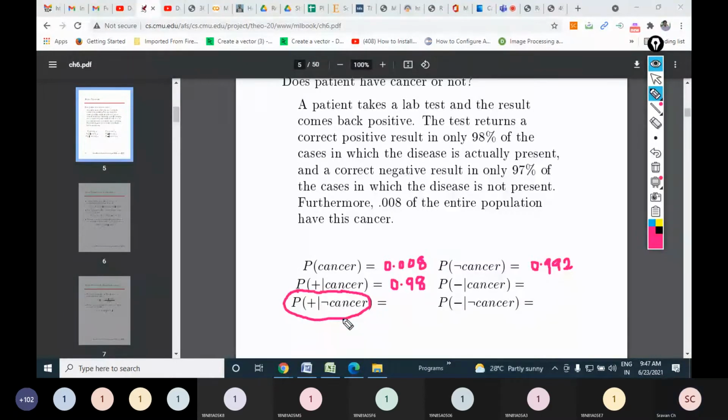For positive cases it gives 98% accuracy, so 0.98 is my accuracy in positive cases. Then 1 minus 0.98 is my false negative rate, 0.02. So 98%, 2%. Very simple, friends.